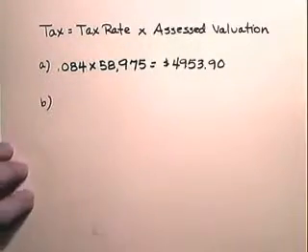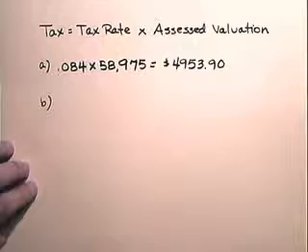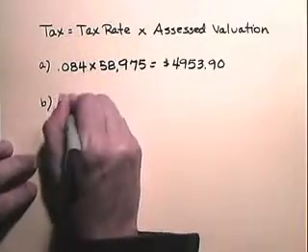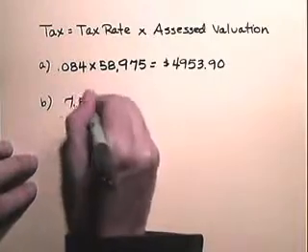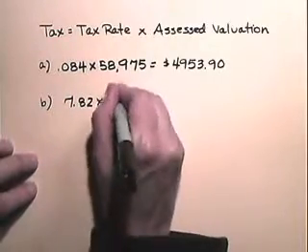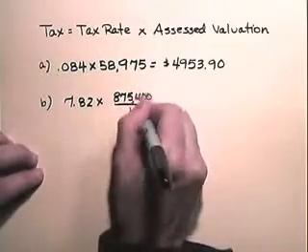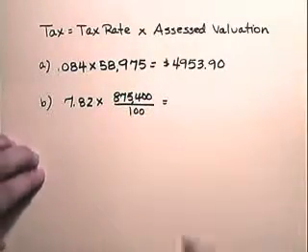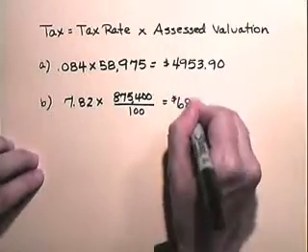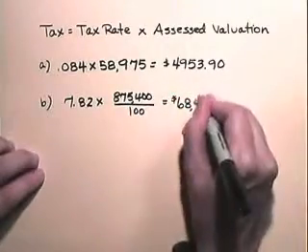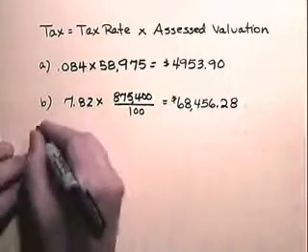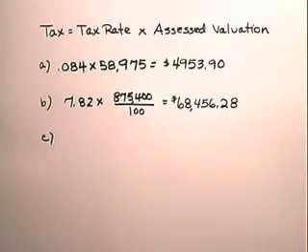In B, we have $875,400 is taxed at the rate of $7.82 per hundred. So we multiply $7.82 times $875,400 per hundred, and we get a tax value of $68,456.28.